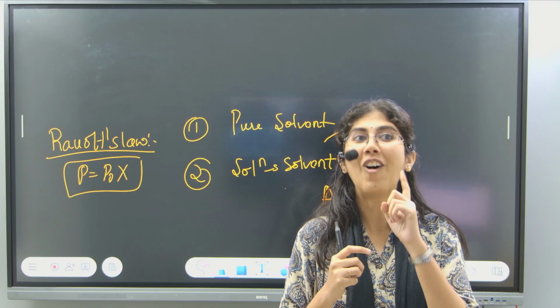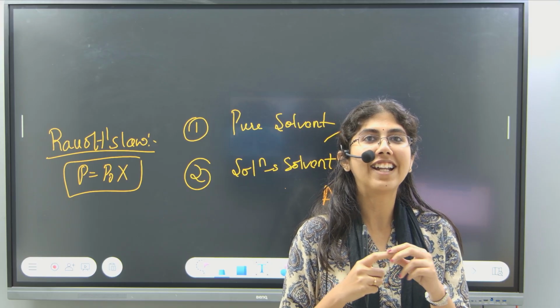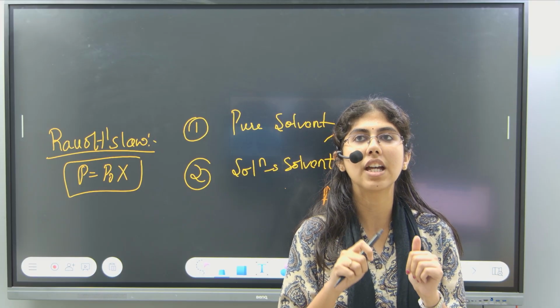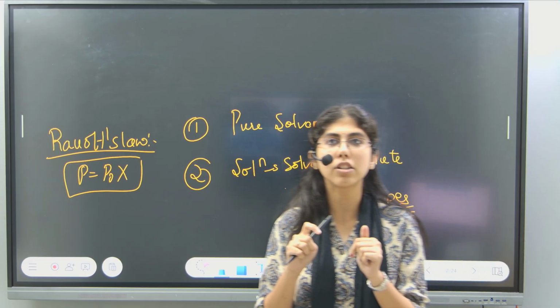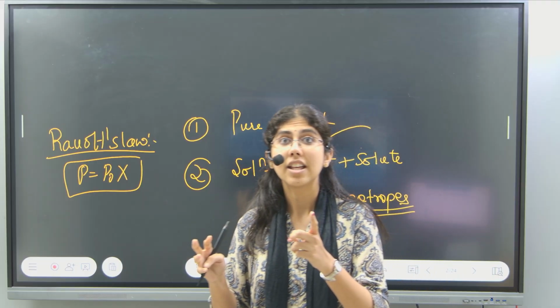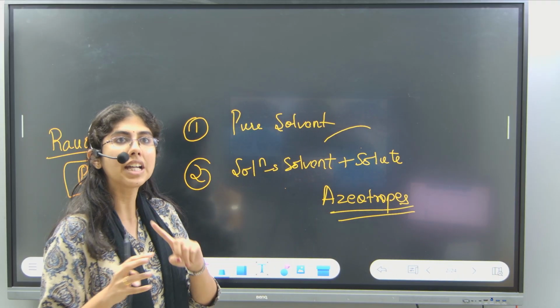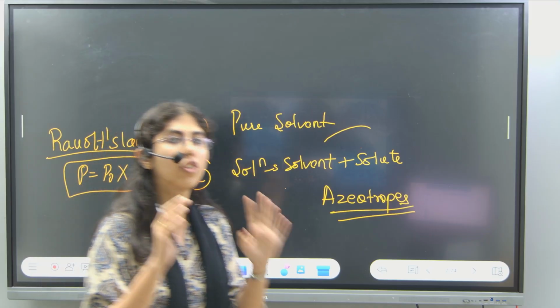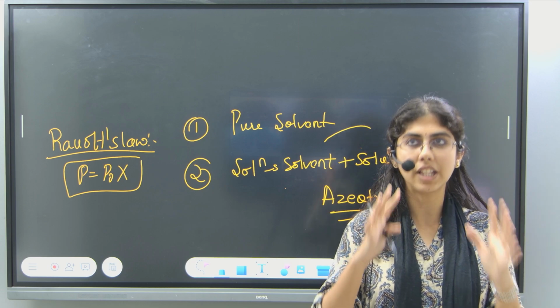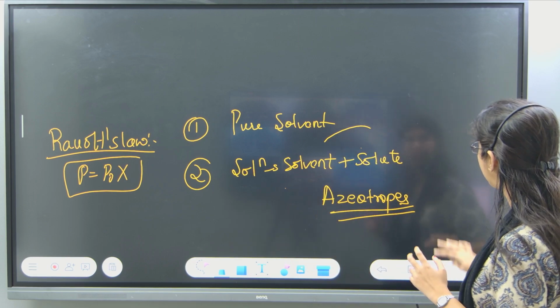In non-ideal, we have minimum boiling and maximum boiling azeotropes. Minimum boiling azeotropes are made by which kind? Positive deviation. Maximum boiling by negative deviation. So, taking all this in our mind, we'll start our session with this MCQ.